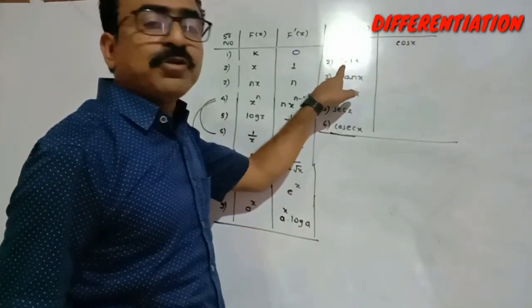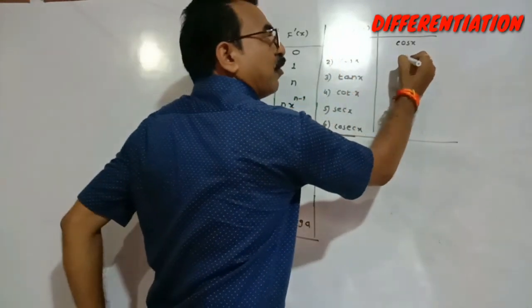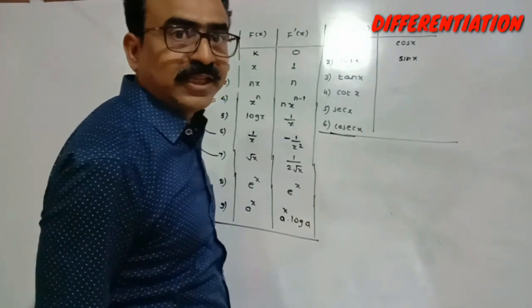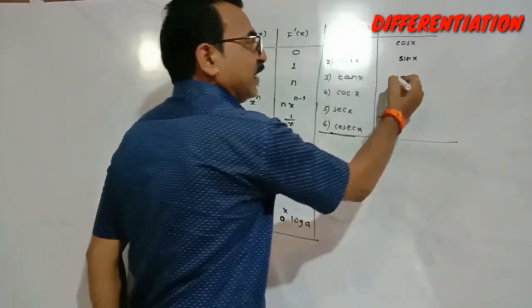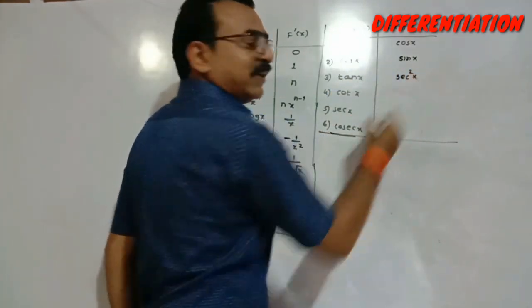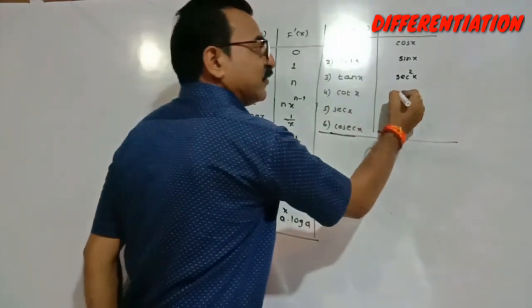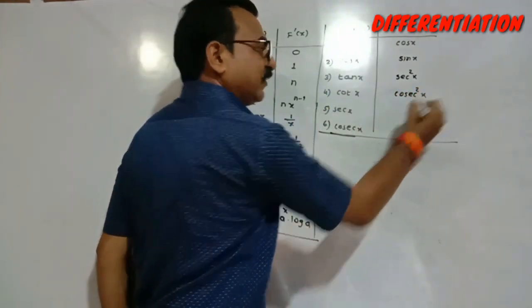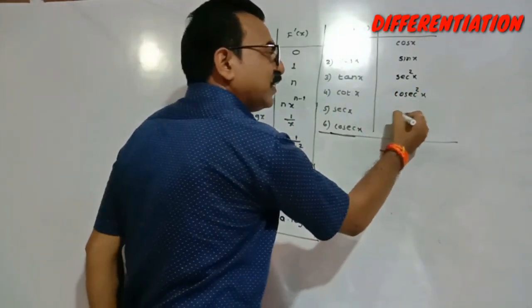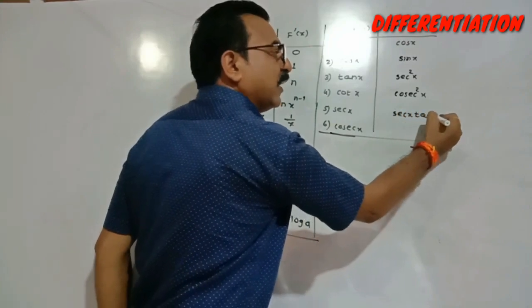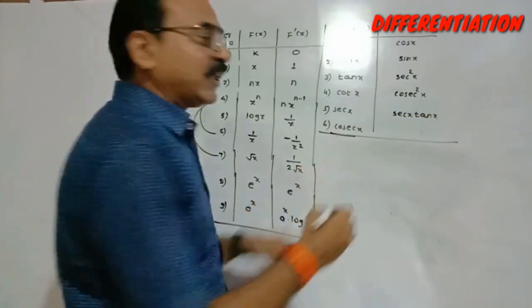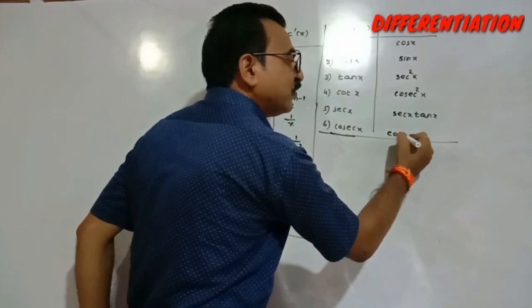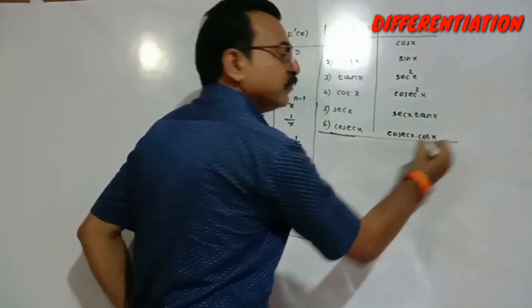Now the derivative of cos x is minus sin x. Derivative of tan x is sec square x. Derivative of cot x is minus cosec square x. Derivative of sec x is sec x into tan x. And derivative of cosec x is minus cosec x into cot x.